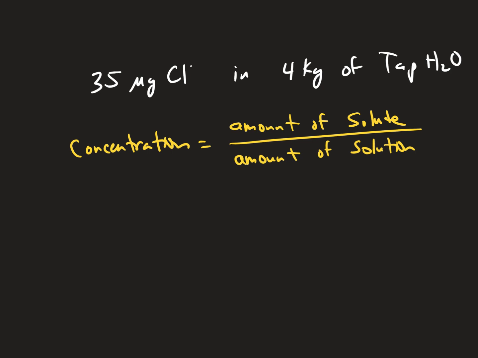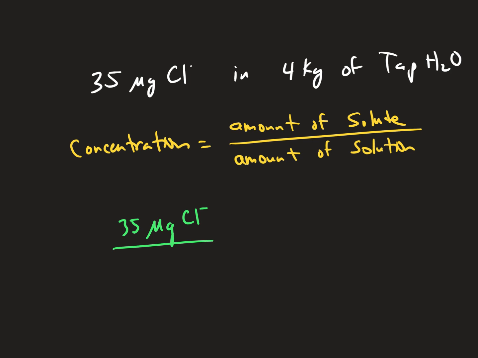All right, so if we're doing parts per million, parts per billion, we don't know which it is yet, right? So what are we going to do? What is the solute here? How much solute do we have? 35 micrograms of chloride. That's our solute. Now what's the amount of solution? How much solution do we have?